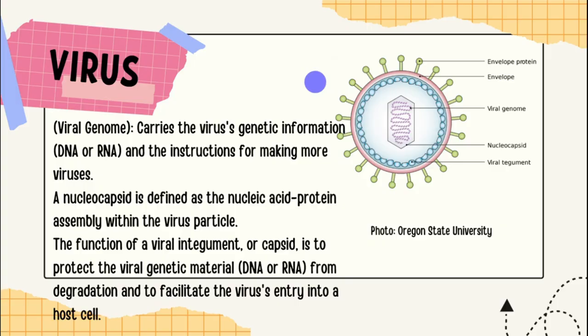But every structure on this is protecting the genetic information, is protecting the viral genome, is protecting the DNA or the RNA, and that's what's going to hijack the cell. As long as that DNA and that RNA is still intact, not degraded, hell breaks loose in your body as a human being if a virus gets into your body.